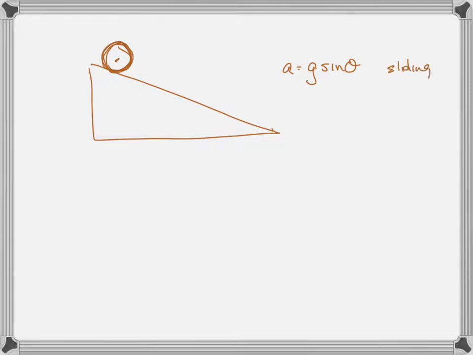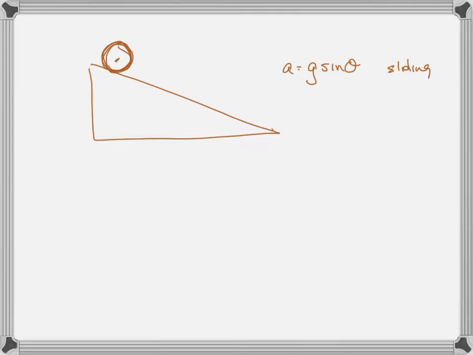If we have an object sliding down a ramp, let's even make it a wheel, but not taking into account rotational motion, we know the acceleration down the ramp, which we showed in the previous problem, was g sine theta. But if the wheel is also rotating, it takes extra effort to get it rotating if it has a moment of inertia, if it has extended mass. So the acceleration for sliding is g sine theta, but it is different if it's rotating.